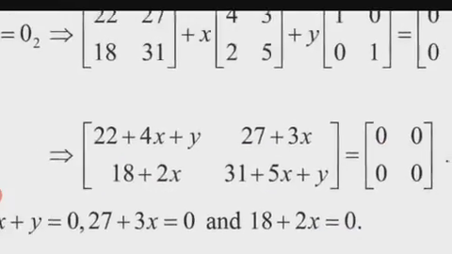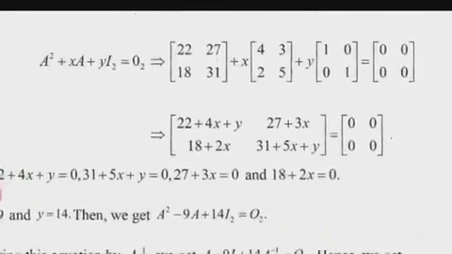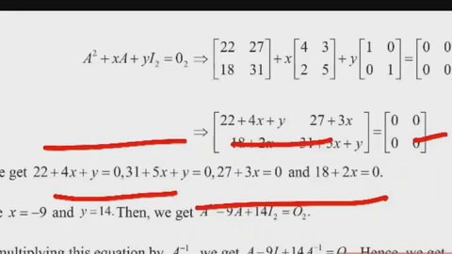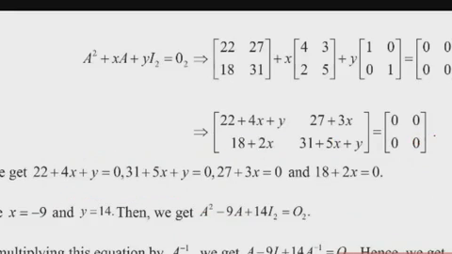So from these we take any equation to find x and y value. If you take these two, it's easy to find the x value because y is not there. That's why we take those.